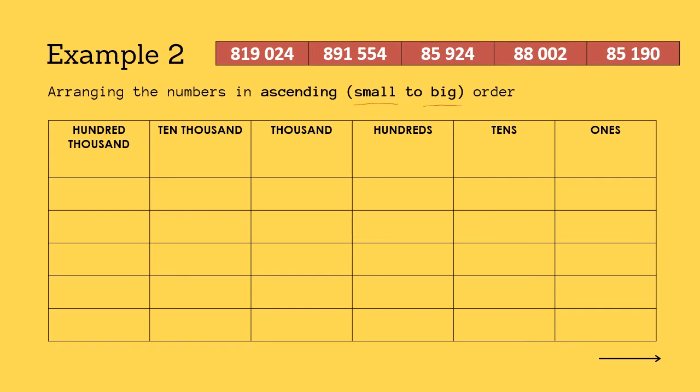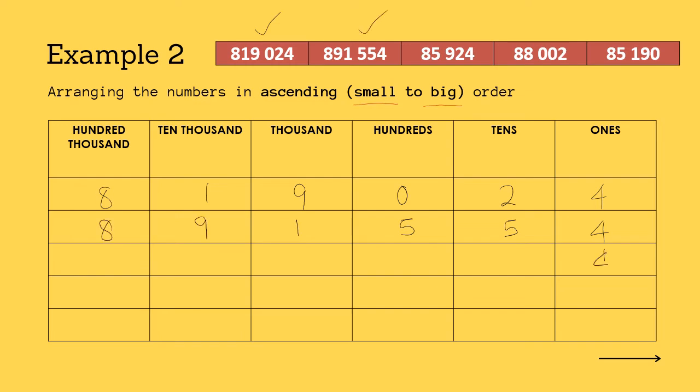So first things first, we are going to rewrite these numbers in the place value chart. The first number is this one, 819,024. Rewriting it from the back, we have 420,918. So that's the first number. The second number is 455,198.